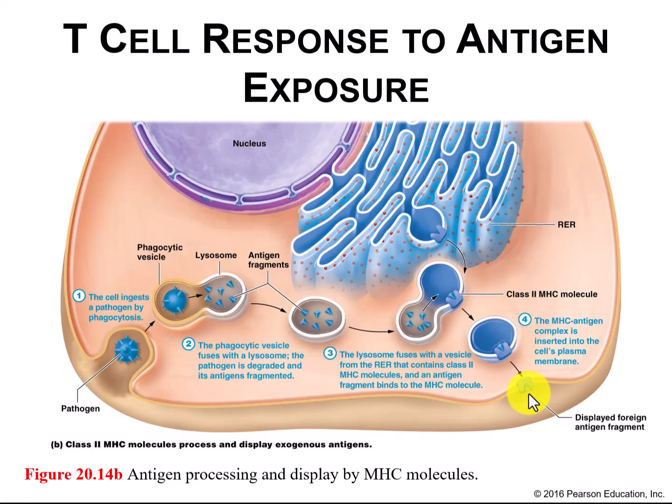That is going to activate the T helper cells, and the T helper cells are the linchpin to the immune system. They are going to further amplify our B cells and our cytotoxic T cells by releasing cytokines that we talked about in the previous lecture on innate immunity.